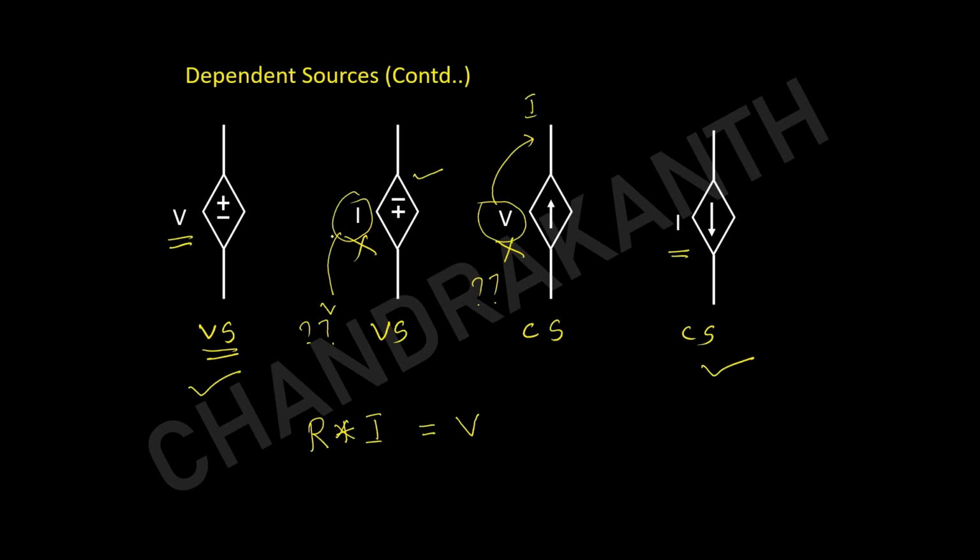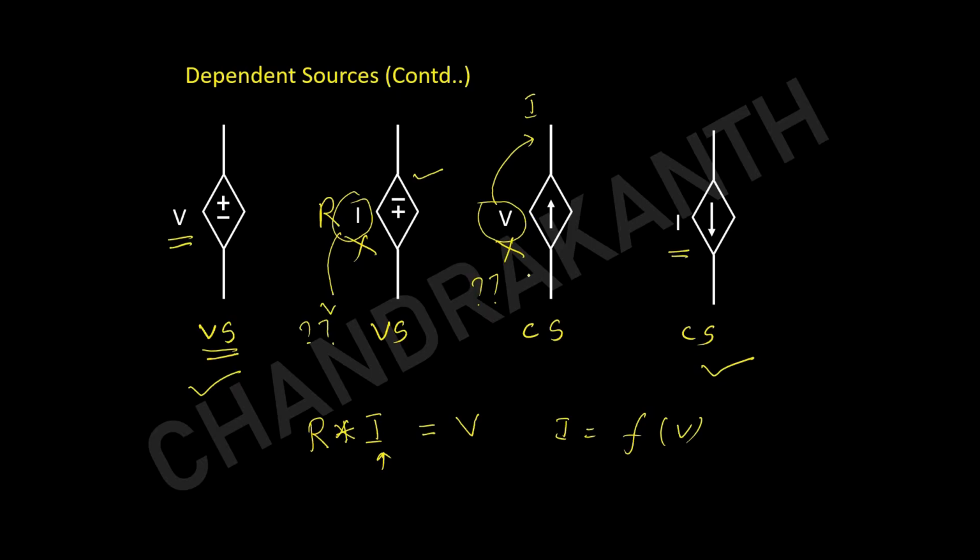That means if you multiply a resistive element with this current, it will be equal to the voltage, but represented in terms of the current. Similarly, it should be a current value which is represented as a function of the voltage. Means the value should be in terms of voltage, but it is not a voltage. It should be a current value.